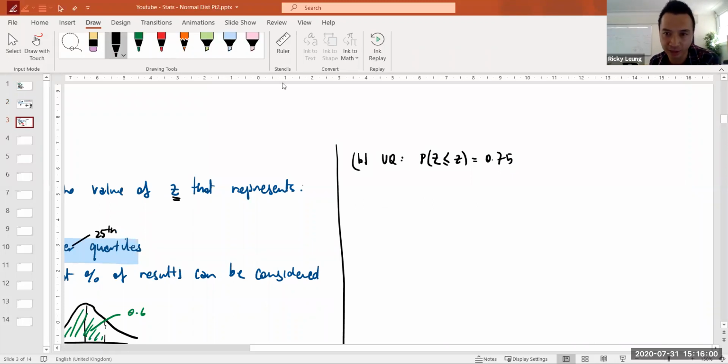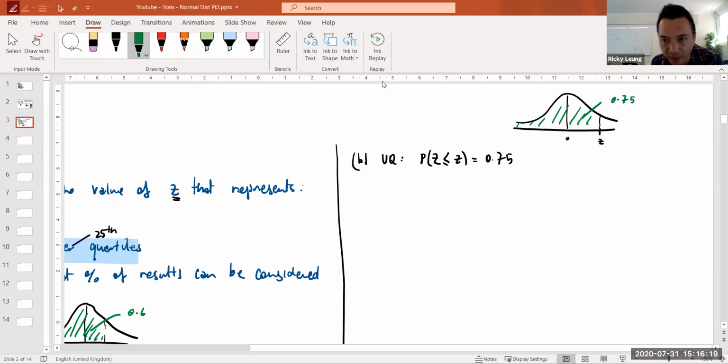Now, just to be clear, if you think about the symmetry case, 0.75, if I can find the z value here, that gives me 75%. Does it make sense?